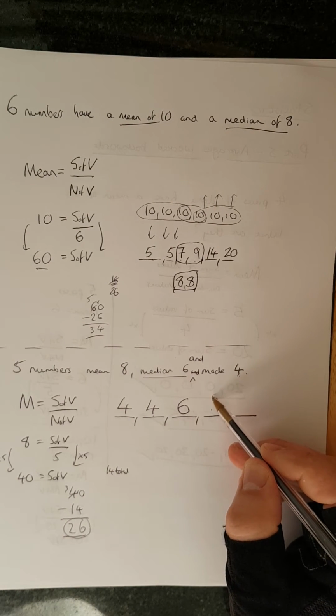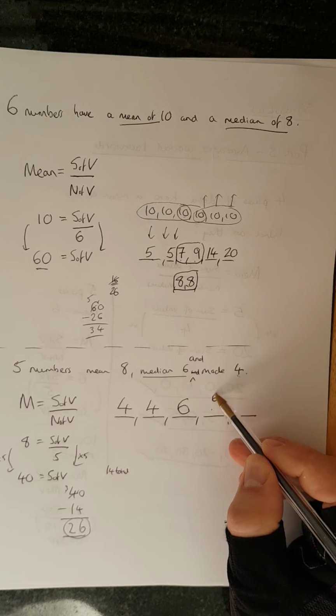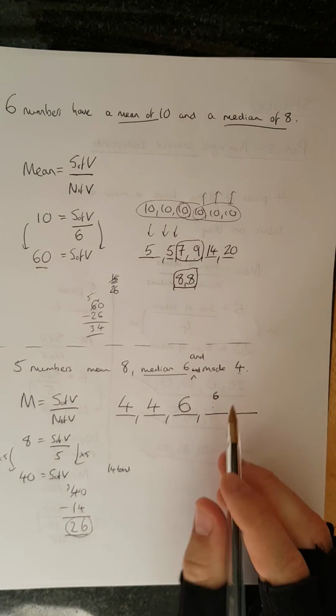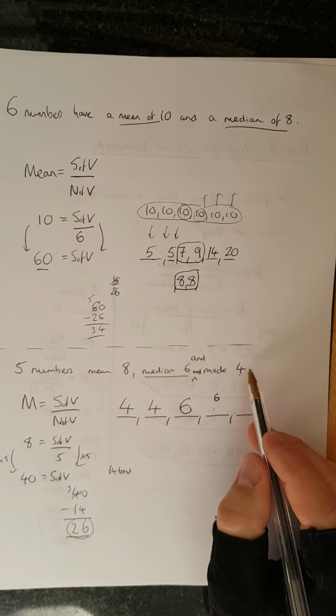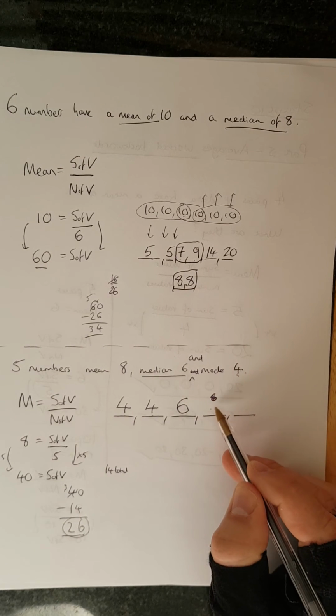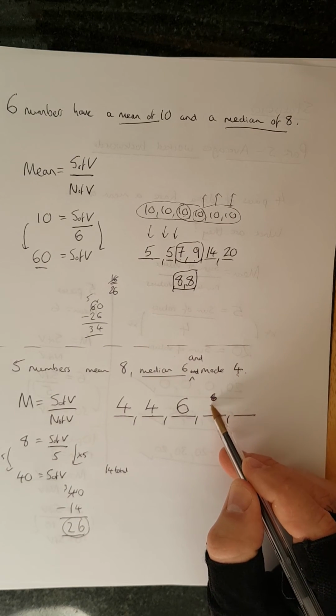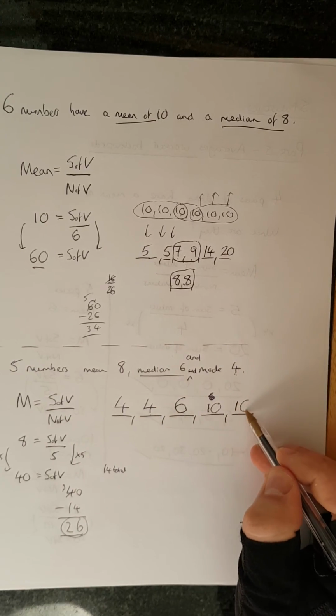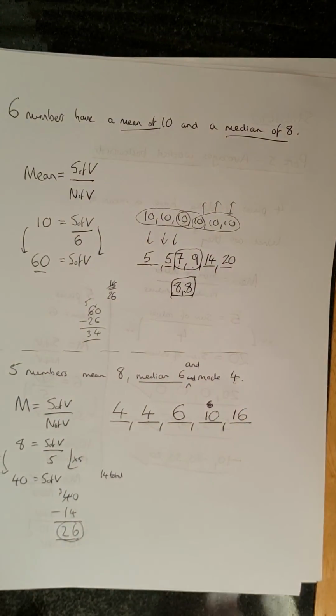Now if I tried to put a 6 here, what would happen? Well, that would make the mode 4 and 6, so I'd fail here. So I'm going to put 10. And I need 26, so I'm going to put 16 here.